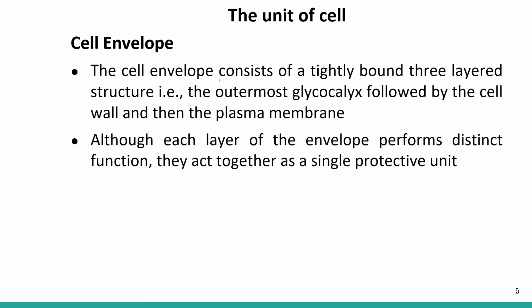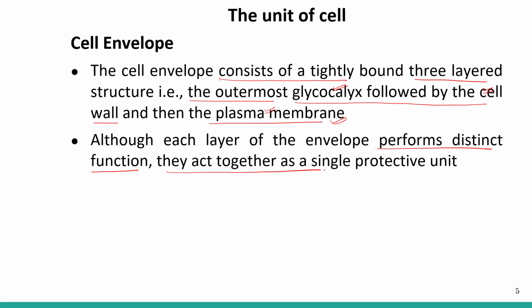The cell envelope consists of a tightly bound three-layered structure: the outermost glycocalyx, followed by the cell wall, and then the plasma membrane. Just now we discussed this. Although each layer of the envelope performs a distinct function, the glycocalyx, the cell wall, and the plasma membrane each having a different function, they act together as a single protective unit.